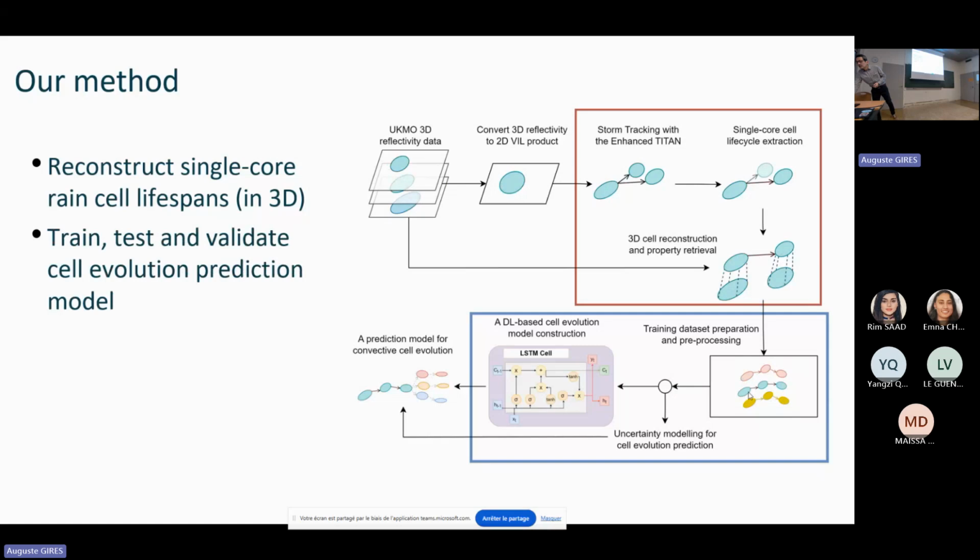Okay, so we reconstruct and then we train the model. We also model the prediction error, but I'm not going to talk about these parts. We focus on how we nowcast the properties.